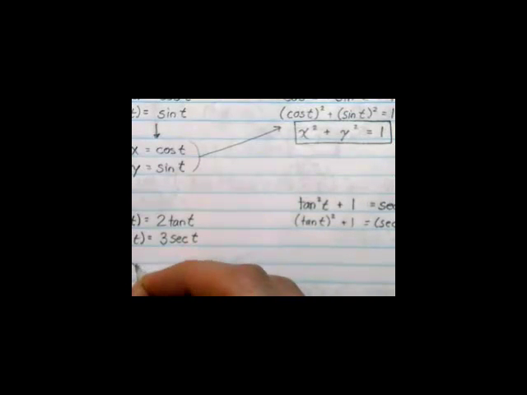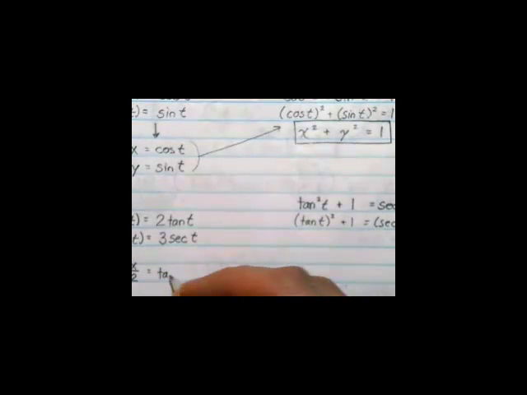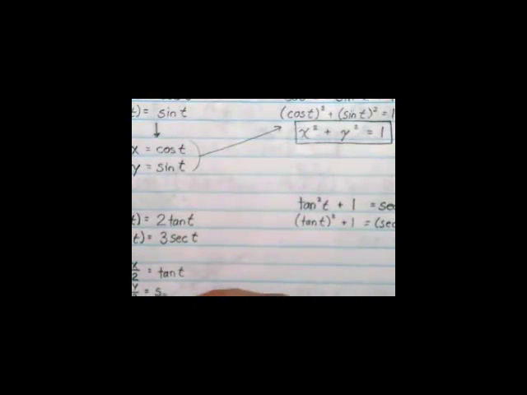So what should I do before I can make those substitutions there? Divide them. Yeah, divide the 2 to the other side. Divide the 3 to the other side. Yeah, you got the right idea. So x over 2 equals tangent, and y over 3 equals the secant.